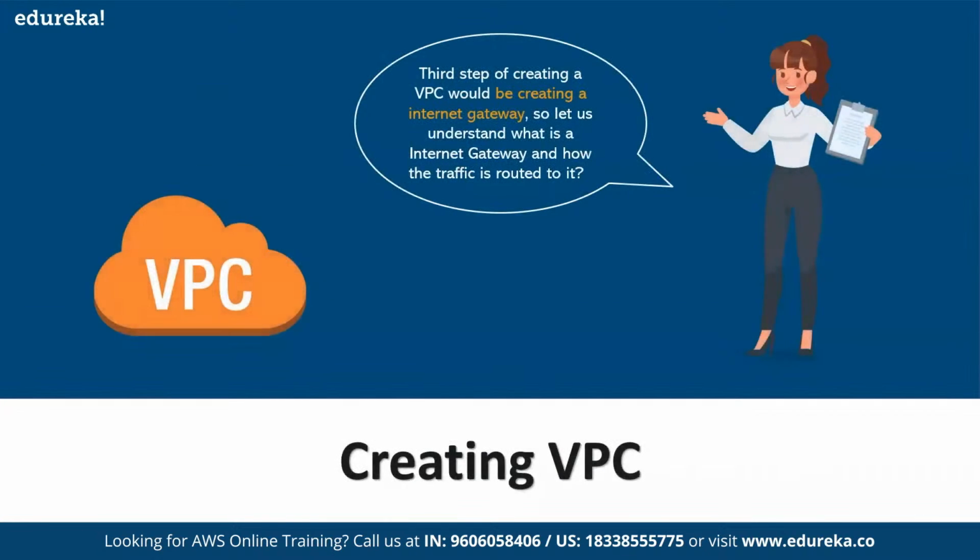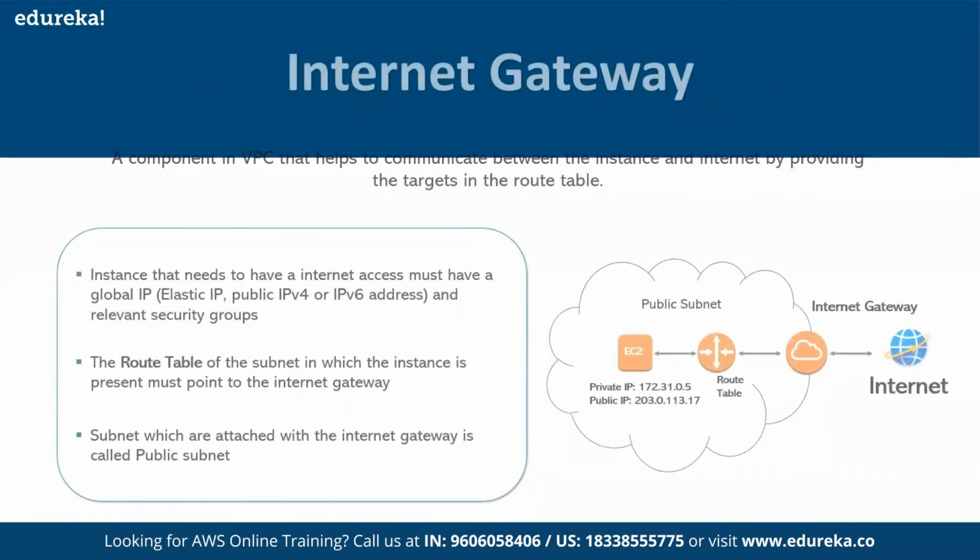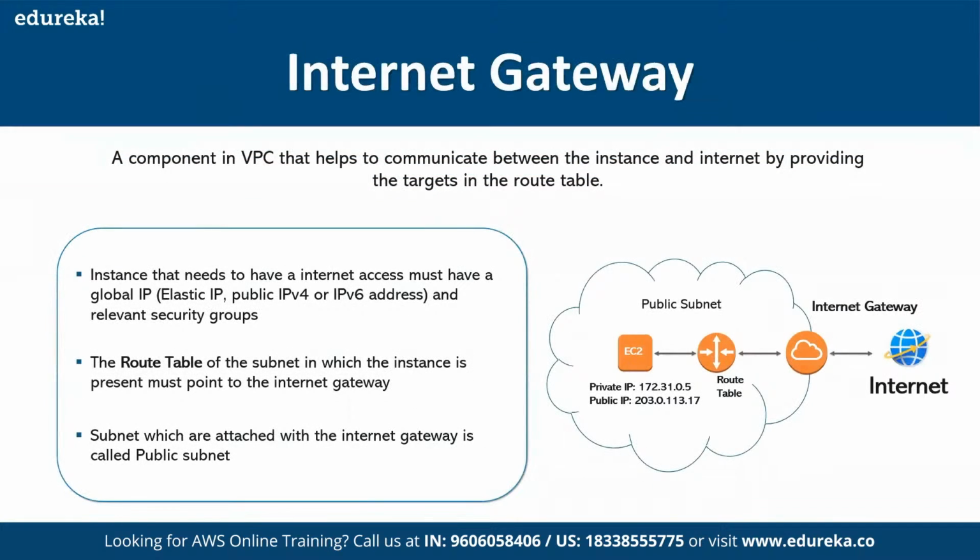Now let's talk about the internet gateway. A component in VPC that helps to communicate between the instance and the internet by providing the targets in the route table. Okay, when we create a non-default VPC, we have to create the internet gateway for our VPC. By default, it is not assigned.